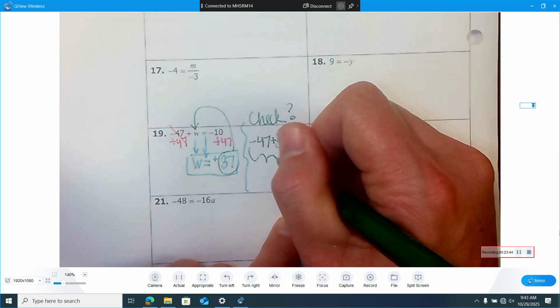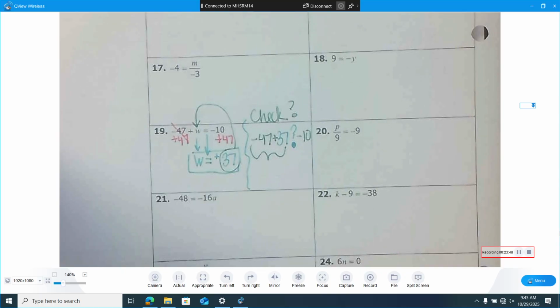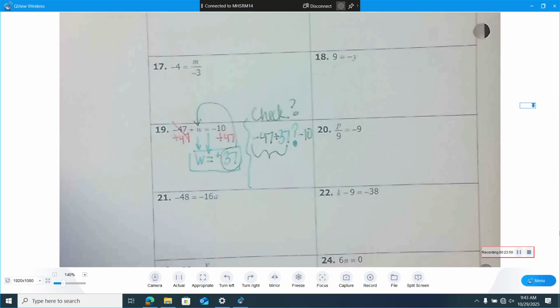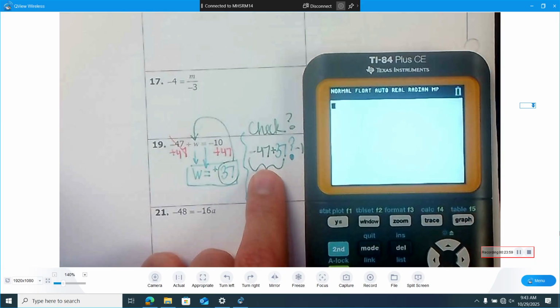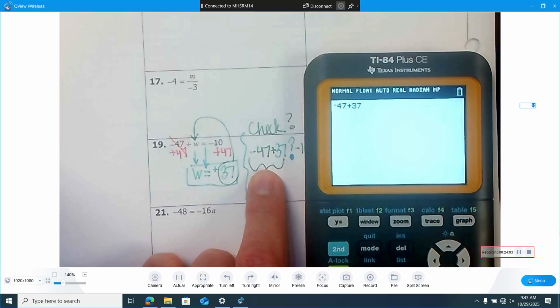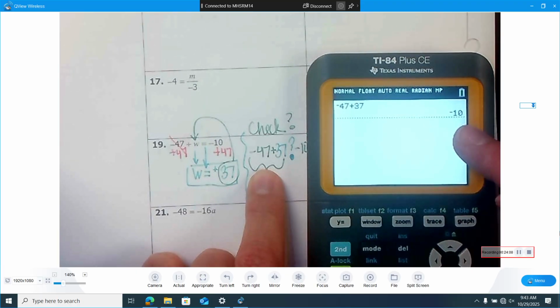So I used a little question mark. All I need to do is put this left-hand side in my calculator, or maybe you're good enough, but we're verifying, so I want to make sure I don't make a mistake here. So in my calculator, I am going to type in negative 47 plus 37, and it gives me negative 10.